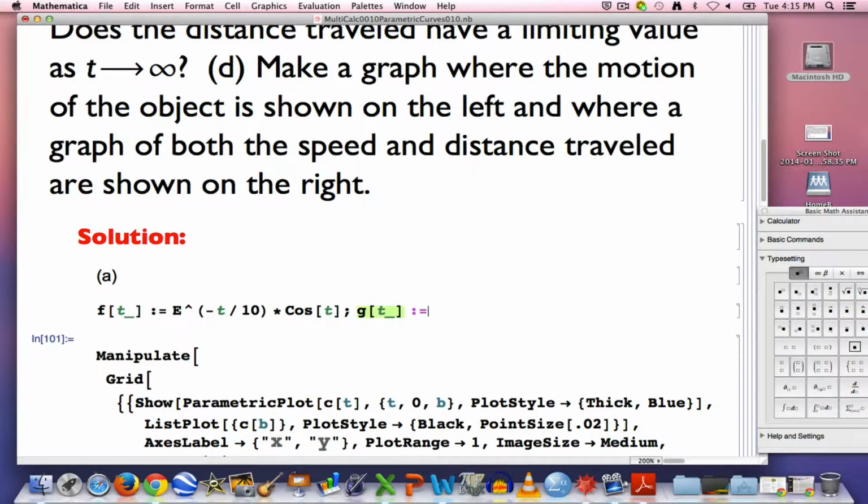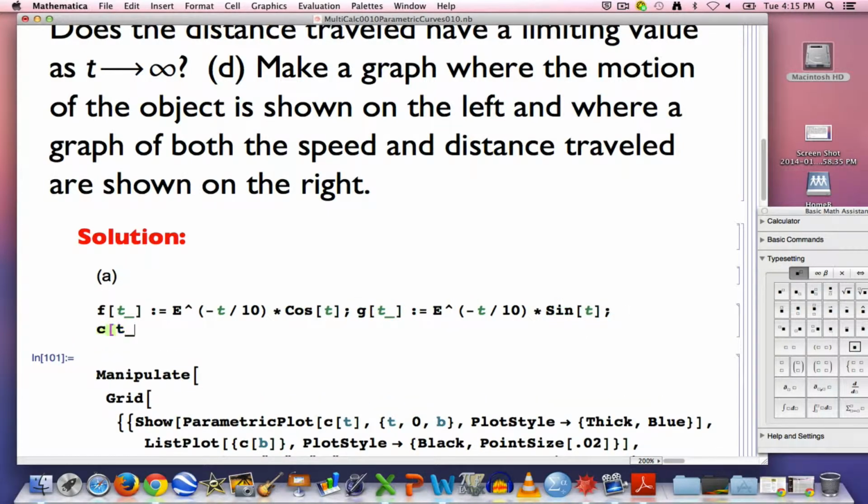My second coordinate, g of t, is e to the negative t over 10 times sine t. And as you know, if you've been watching these videos, I like to put these things together in a list, and I plot that list as a point with ParametricPlot down here and ListPlot. Alright, so this stuff is going to be entered.